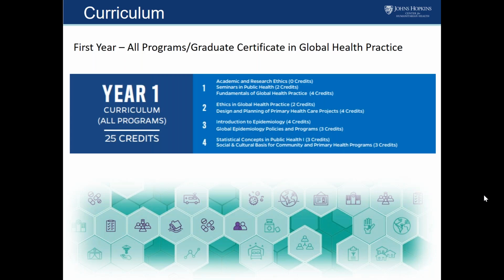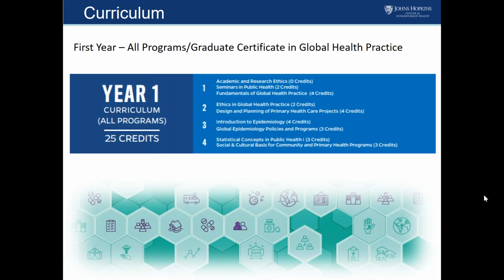But we have seminars in public health that draw on all the faculty in the school. We have an introductory course to global health called Fundamentals. We have our own specific ethics in global health in the second term, and program design in primary health care, also second term. Then we get into 2 epidemiology courses, one that's general and the other that's specifically applied to global health in the third term.